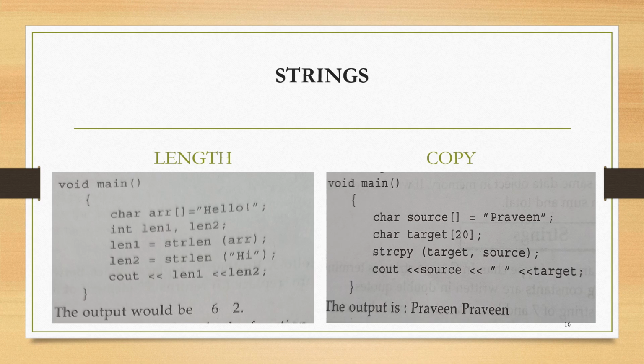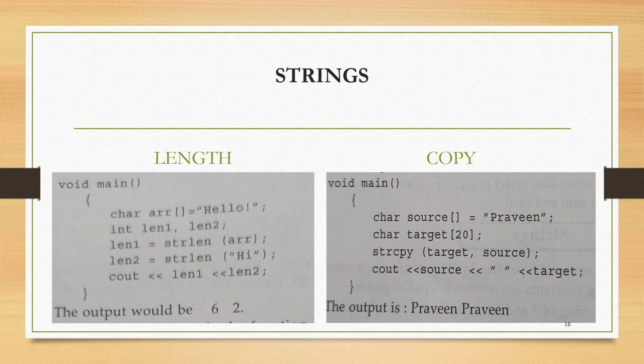Next is copy, strcpy. Same thing. Suppose your source is defined here as Praveen, one string, and the character array target is of size 20. strcpy(target, source) means that the value of the string source will come into the target, from source to target. Now you display the value.